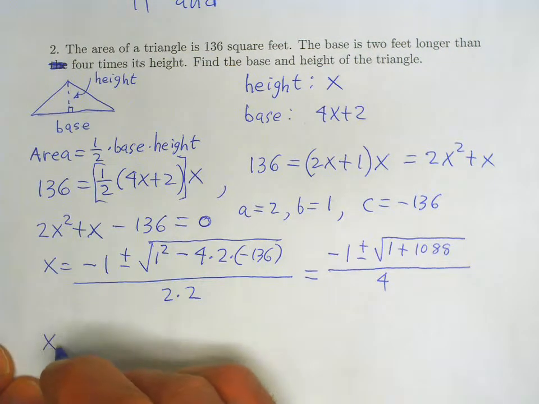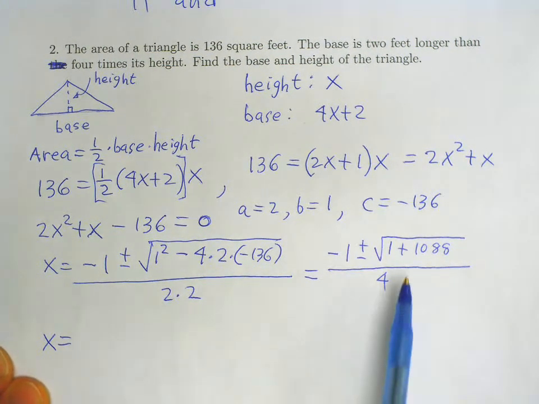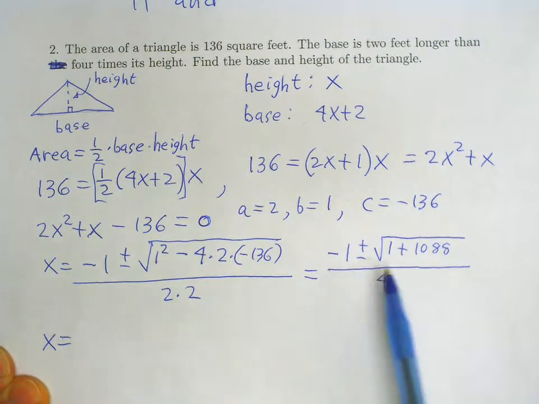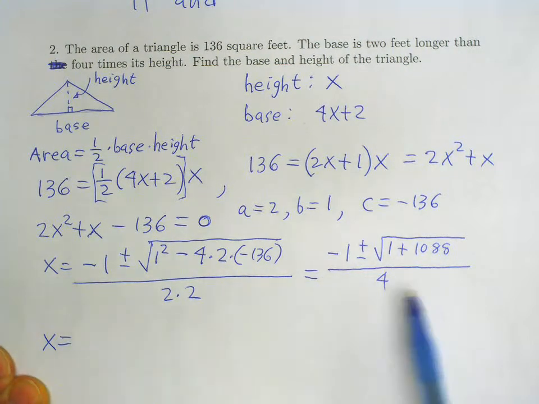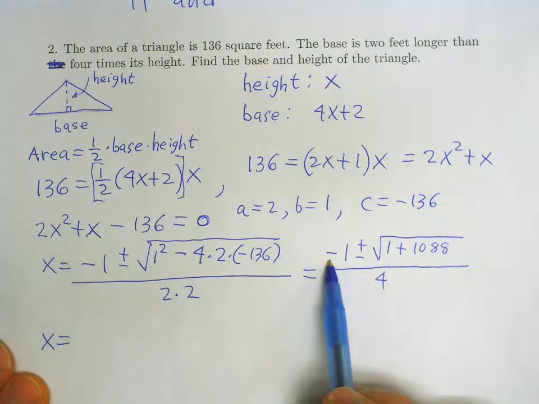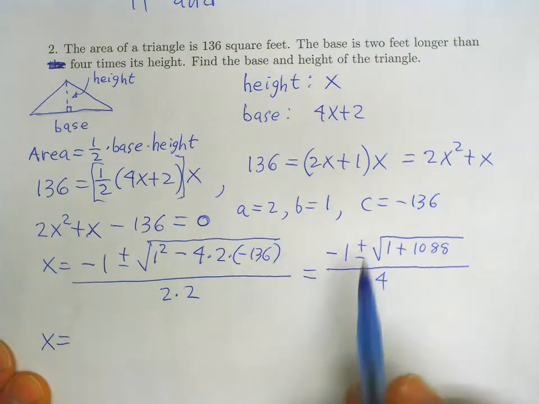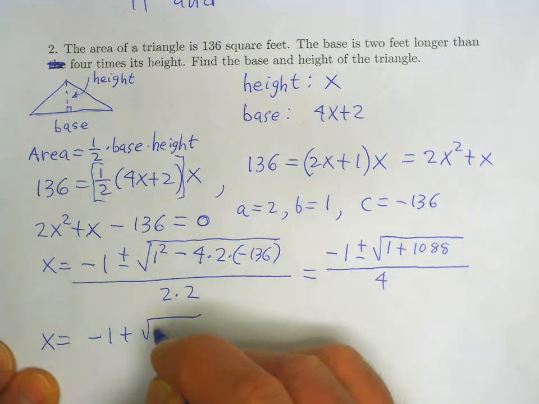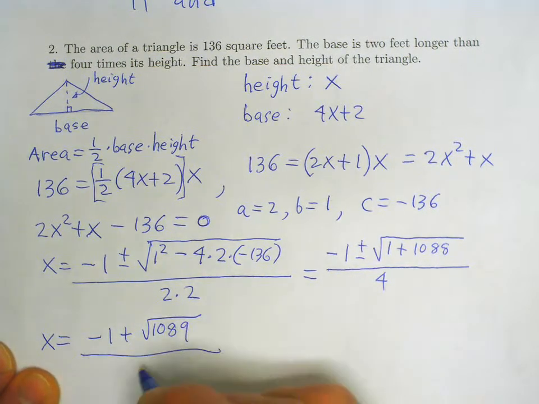Here I'll point out that the solution we get by subtracting makes the solution negative. And in the context of the problem, we don't want a negative solution. We want a positive solution. So I'm just going to write down the solution we get by adding: negative 1 plus the square root of 1089, all divided by 4.